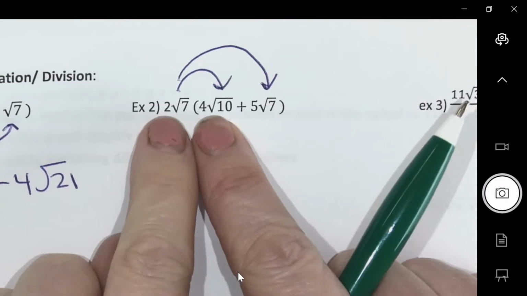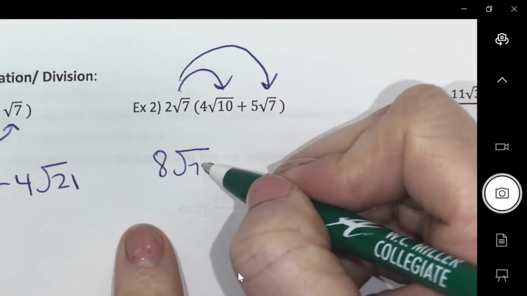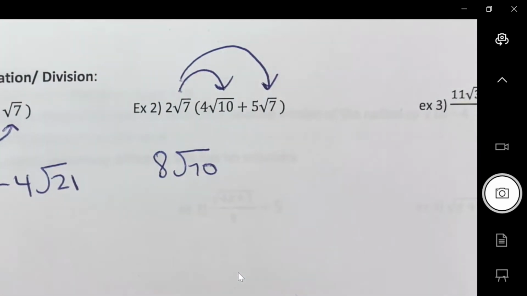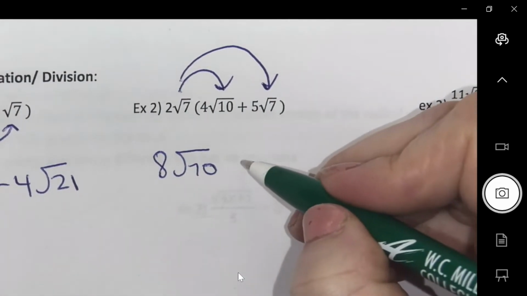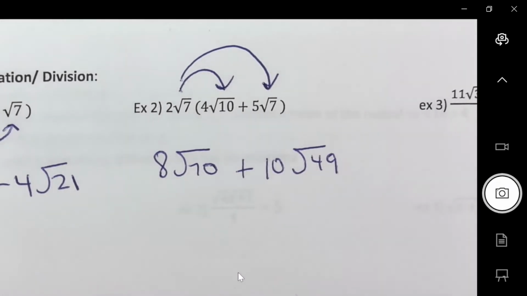Okay, so the first one was a whole 8 root 70. Did that work out? And the second one has a whole number 10 and a root 49. Did we get that? And then did you think about something?